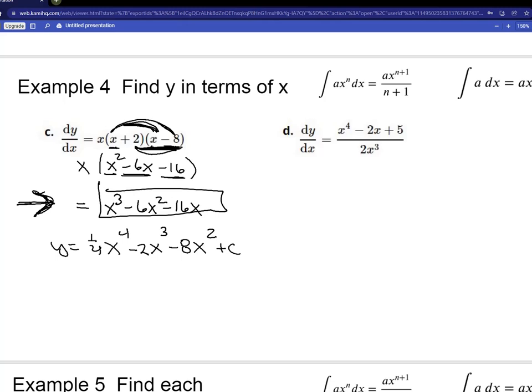So the thing is, when you're integrating, you need to think that. When you're doing the derivative, you need to be able to do that, and again, they're very similar and backwards, and that's why people mess them up all the time. But if I wanted to find this derivative, it's going to be 3x squared minus 12x minus 16. And you need to be so smooth with that. And the same thing with this.